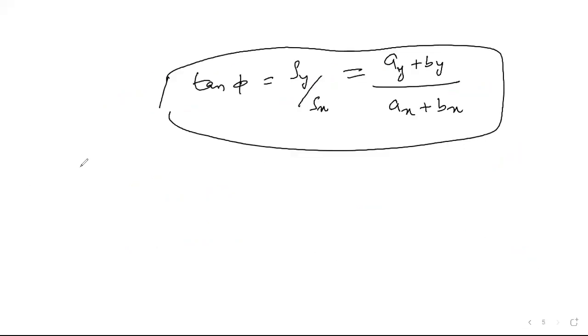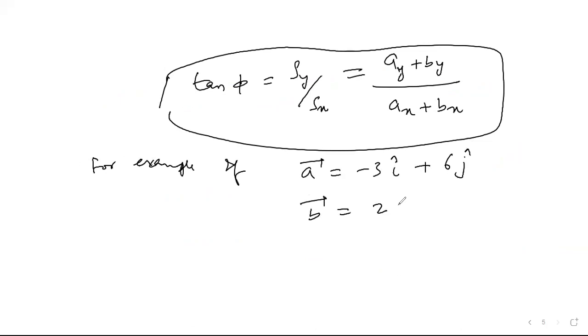For example, if A is given as minus 3i plus 6j and B is given as 2i minus j, then what is A plus B? The x component of A plus B, that is the coefficient of i cap, is the sum of x components of A and B. X component of A is minus 3, x component of B is 2, minus 3 plus 2 is minus 1, so it's minus i cap.